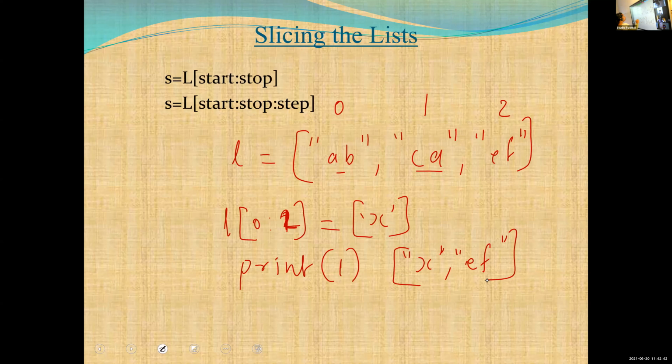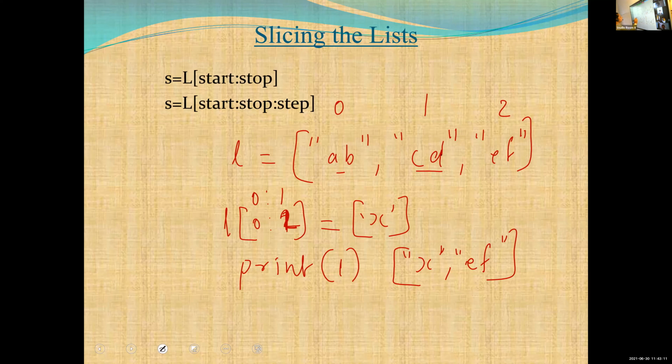Alvin, if it is 0 1, what is the output? X, C, D, E, F is the answer.